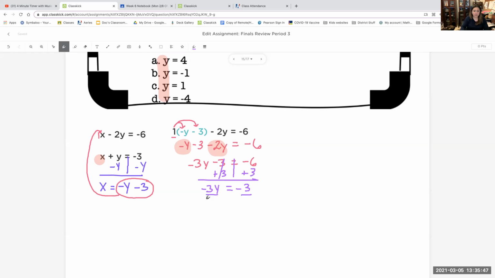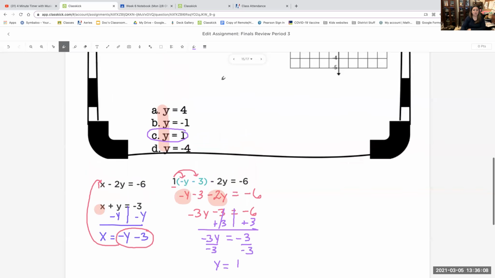Finish this off by dividing by a -3 to both sides. And I get y is a +1. And notice that I gave you both positive and negative just to see if you guys were paying attention. So it should have been just C. So be careful.